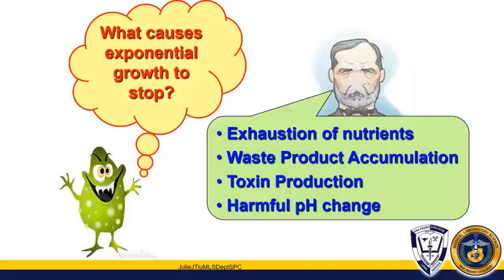One, there's exhaustion of nutrients, and waste product accumulation, since they also produce secondary metabolites, and some of these metabolites are inhibitory, and some end products are actually toxic, and these products can change the pH in the medium. That's why it's no longer optimal for their growth.